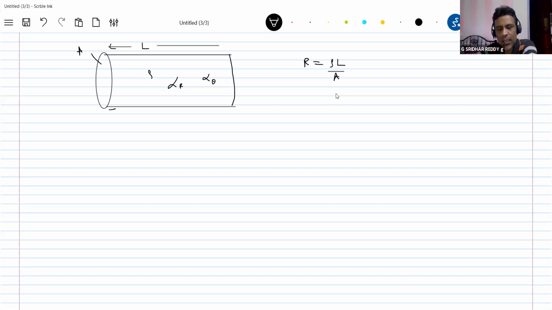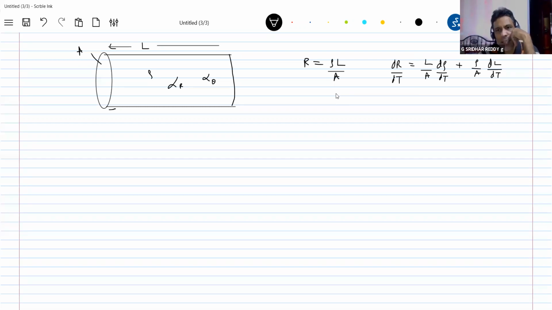Now let's differentiate this. dR is equal to L by A d rho by dT, since I'm varying with the temperature, so dT, plus rho by A dL by dT.